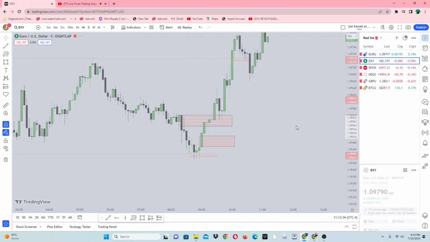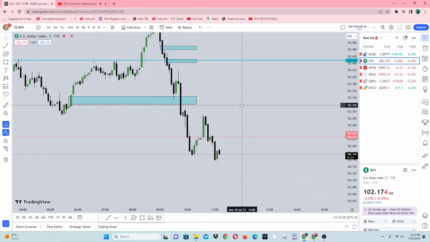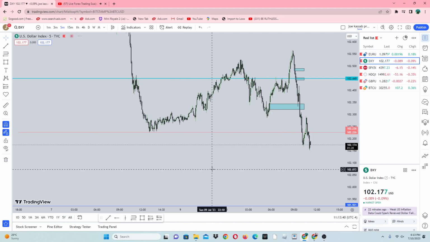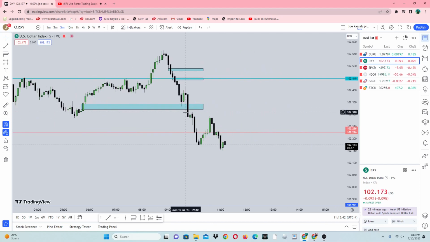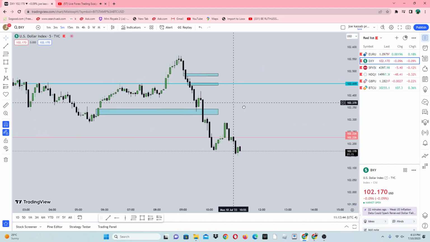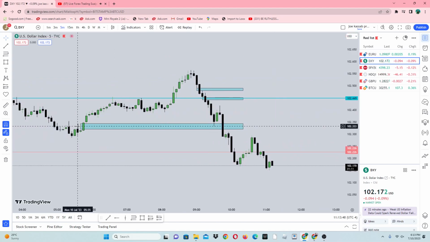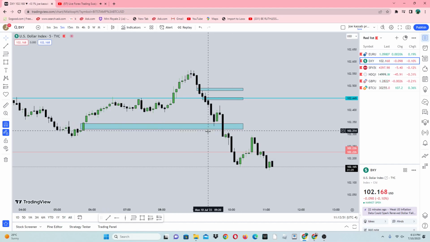Okay, and if you go to the DXY, you can see that here. Okay, so we went down, hit the order block, the fair value gap, and this is the retracement that I took on euro dollar.